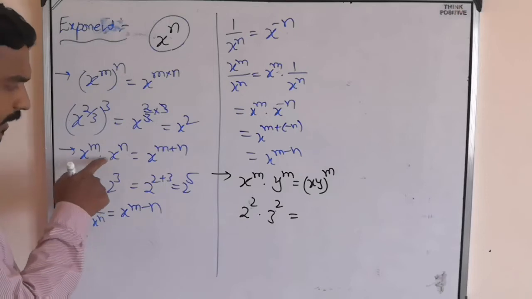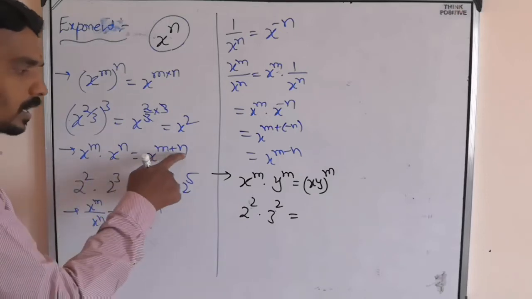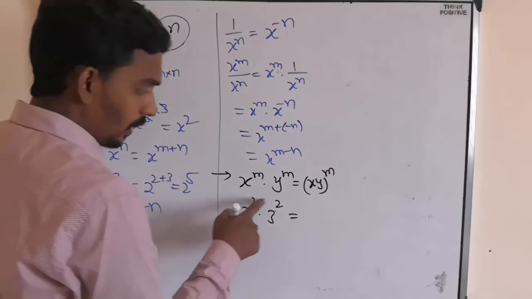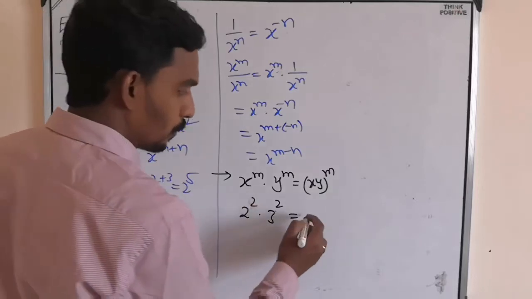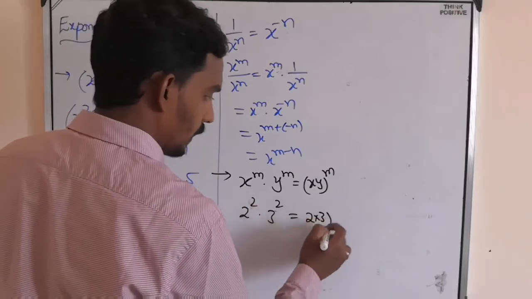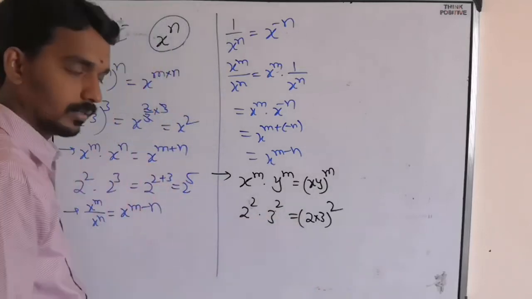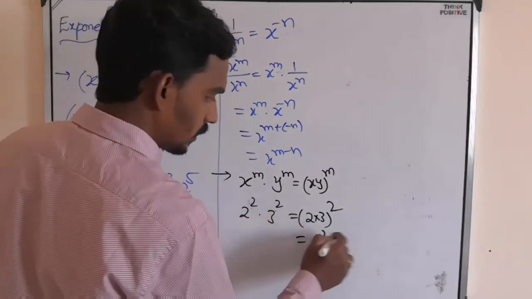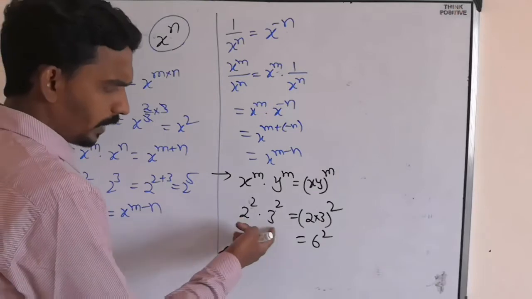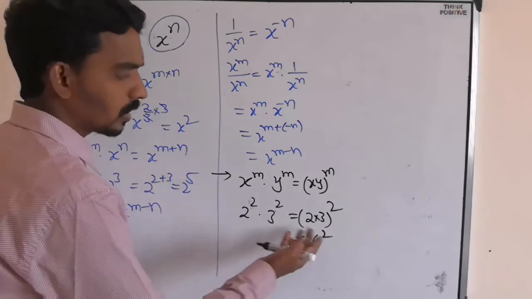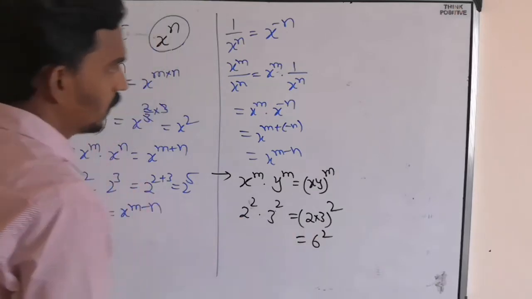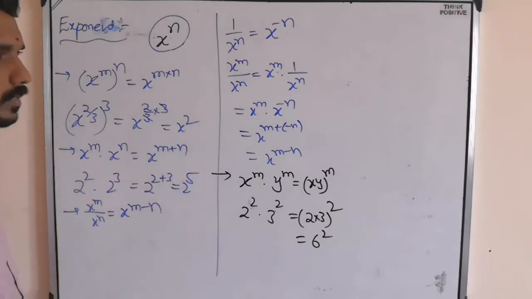Here the base is same, so powers are added. Here the powers are same but the base is different, so the bases will be multiplied with the common power. So that 6 square, or else 4 into 9, what? 36. Both are same. So this way exponentials.